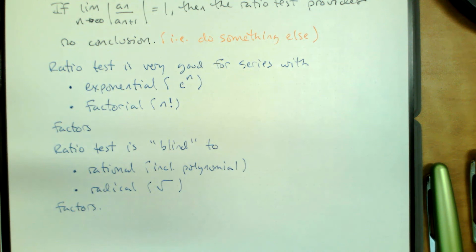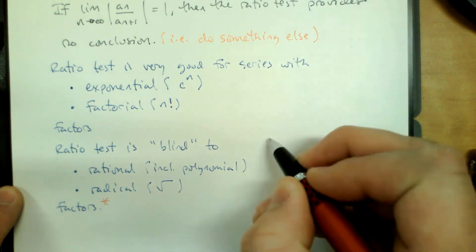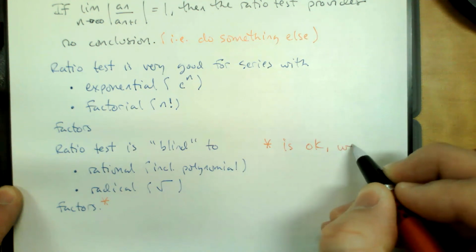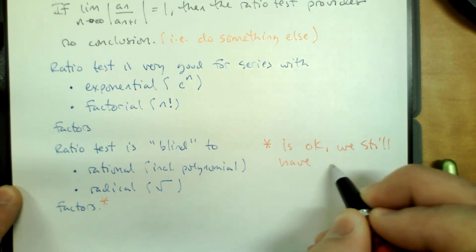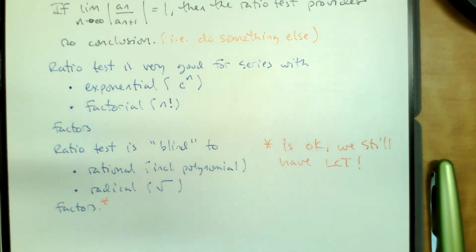If we've got rational and radical factors, that's what the limit comparison test is for. The limit comparison test is great at polynomial and radical factors. The ratio test is completely blind to these factors.